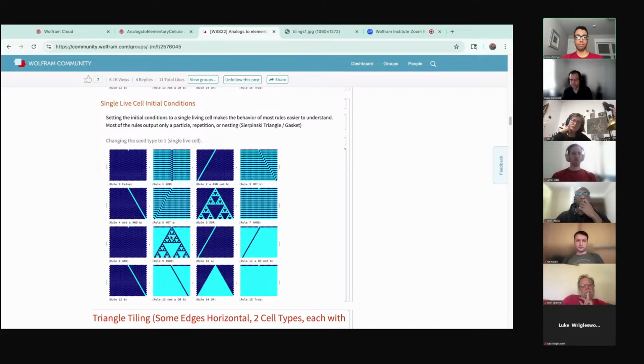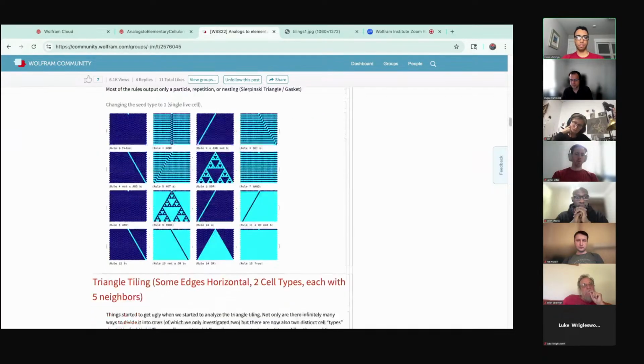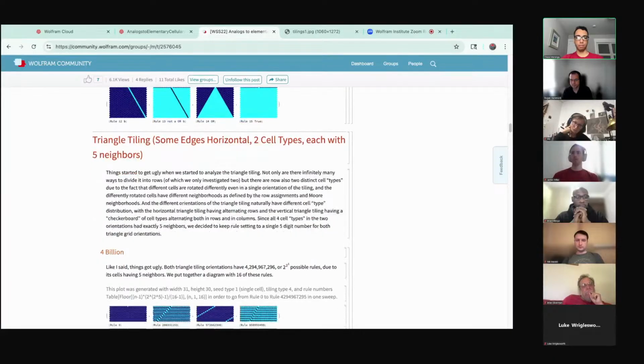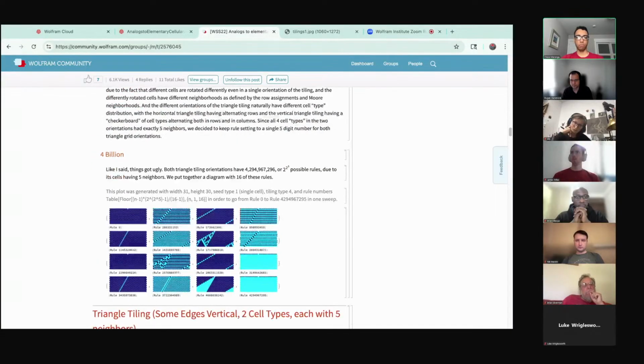And we also had a lot of Sierpinski triangle again with the XOR and XNOR, which is similar to some of the rules on the original square grid. After that I got onto the rule sets with triangles, and these ones got a little messy because you have so many neighbors.